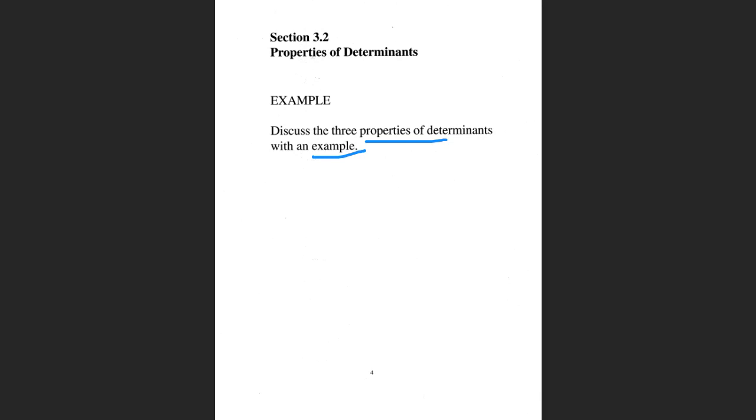I'm going to define the matrix A as the 2 by 2 matrix given by first row 1, -2, second row 5, 7.